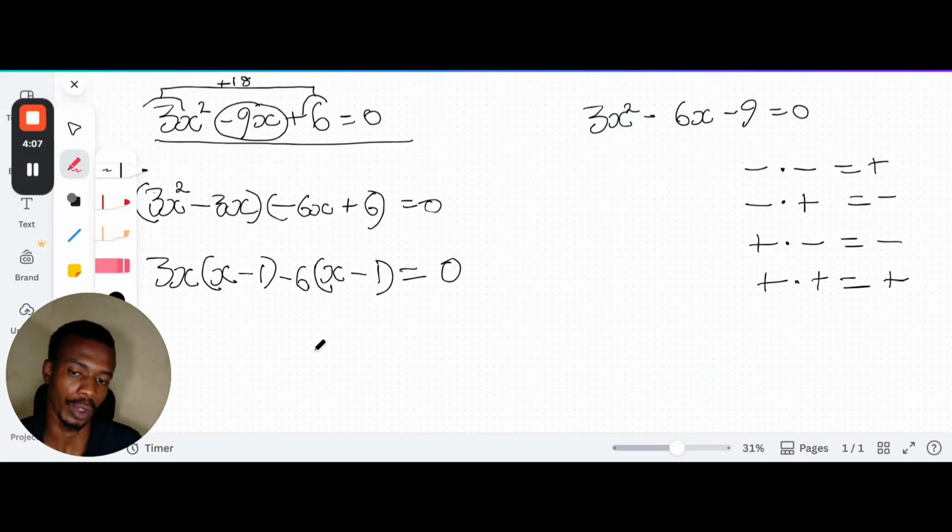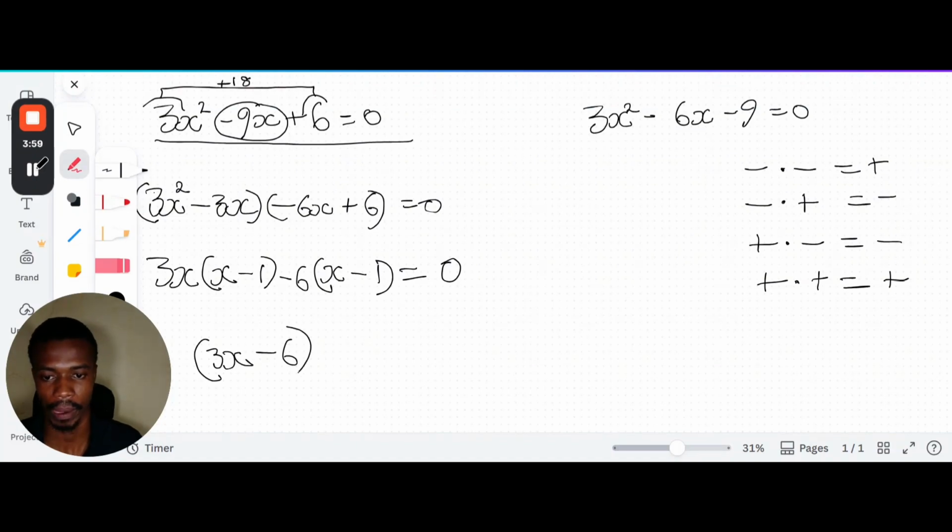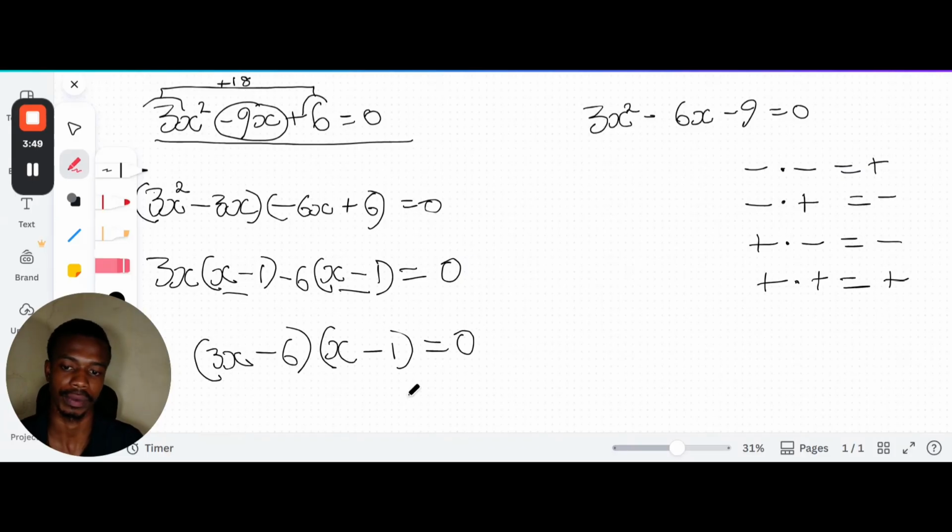Now what we're going to do here is write this 3x minus 6 as a bracket. And in the other bracket, we're going to write what we see here: x minus 1. We're going to write it here as a bracket, is equal to 0.